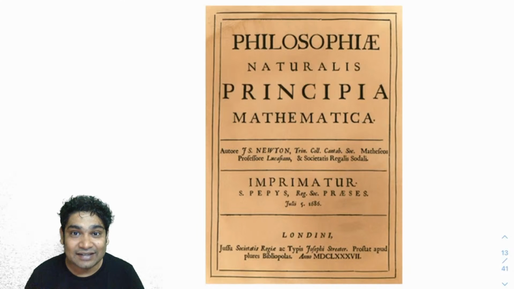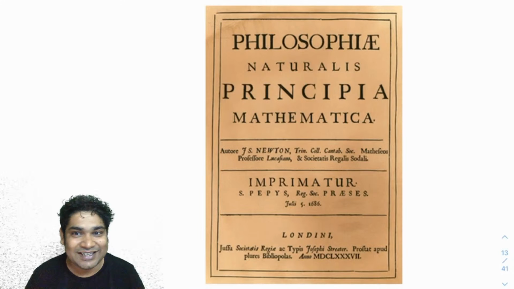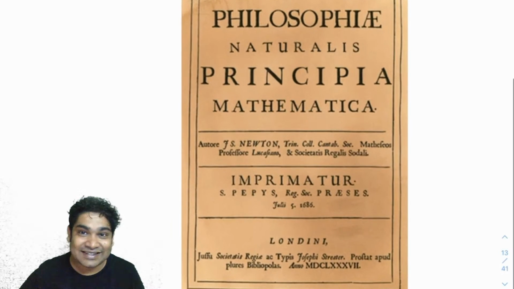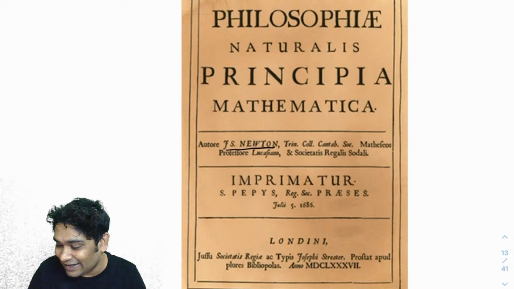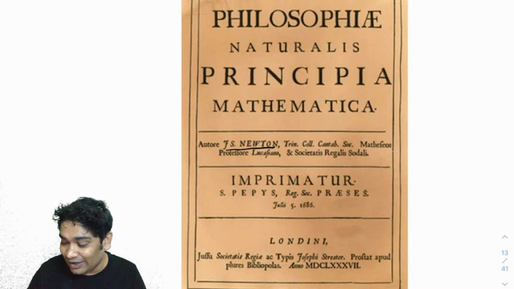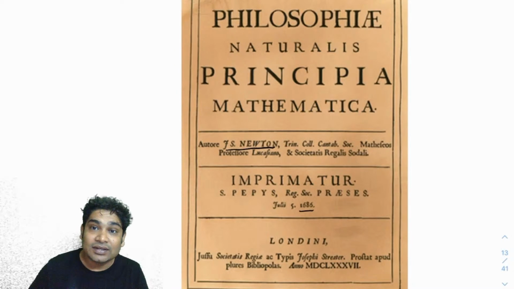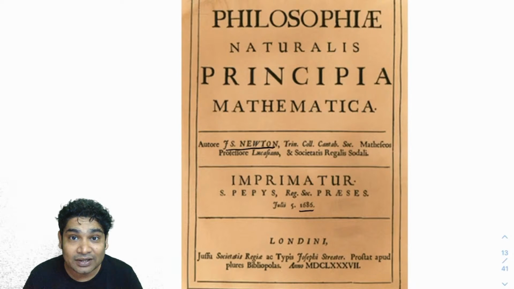He said that he's describing mathematical principles for laws of nature. You can see here, the author is Sir Isaac Newton. This was actually printed in 1686, after the presentation. I think the presentation happened in 1676. This is later when he came out with the copy.